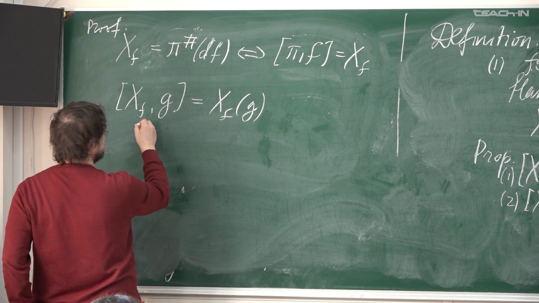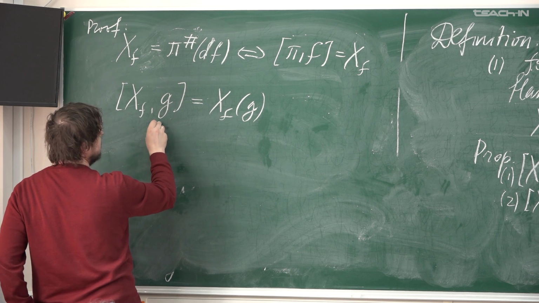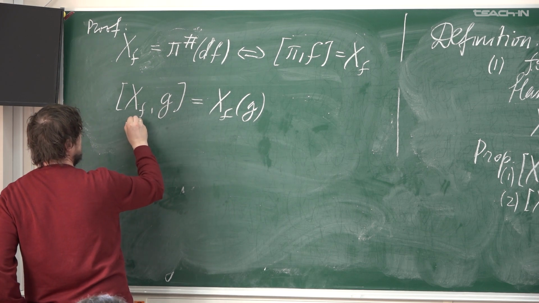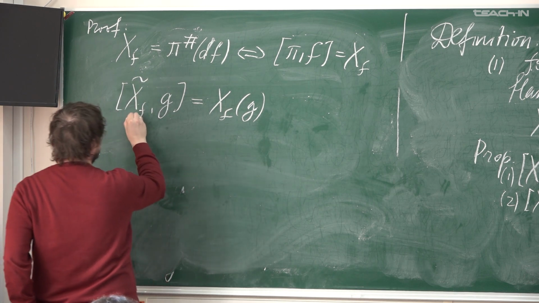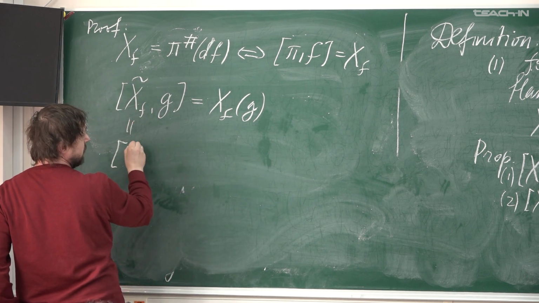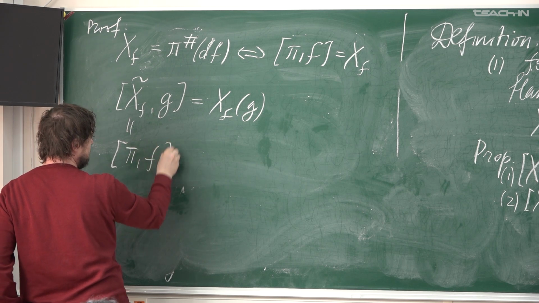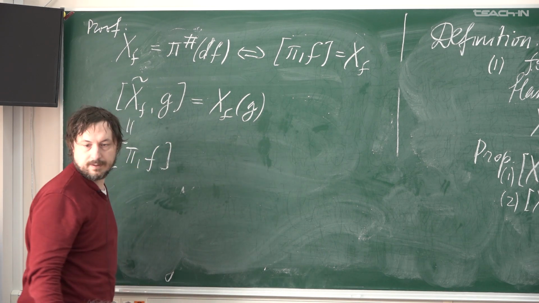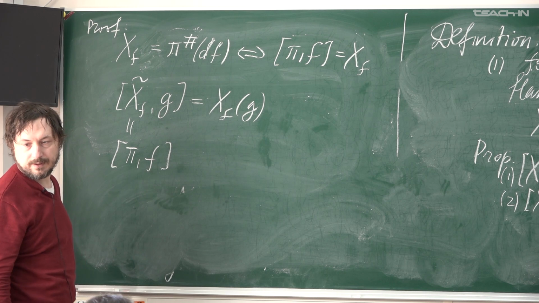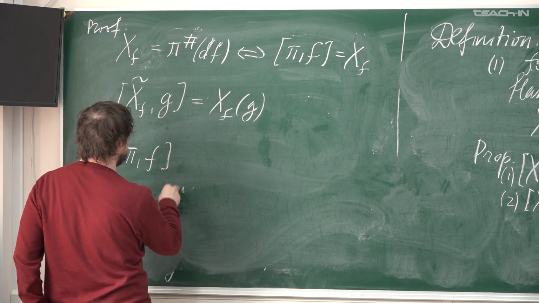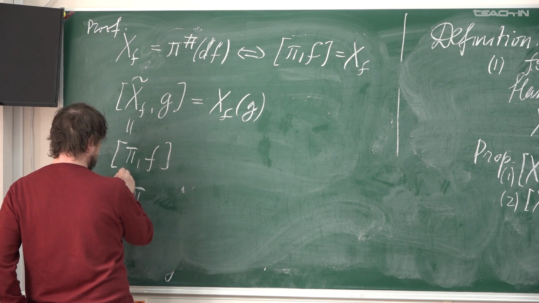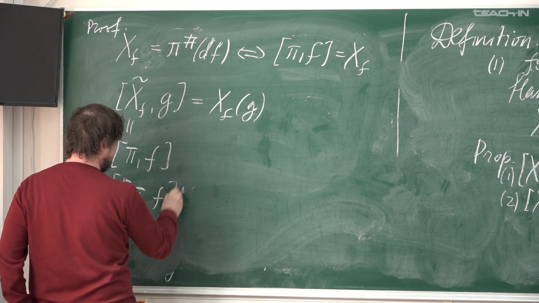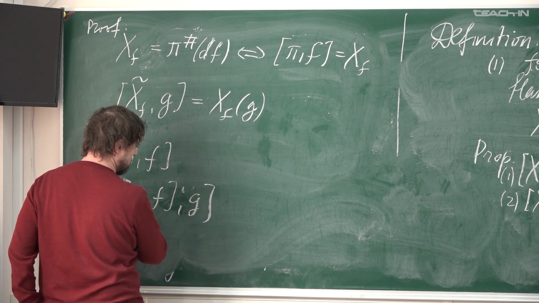On the other hand, if you substitute, so let's put X tilde to be equal to the Schouten bracket of pi and f. Right? We can do this, right? Then let us substitute this here. What do we have? Pi f g.